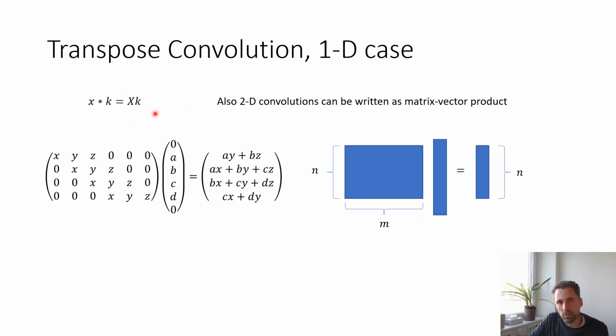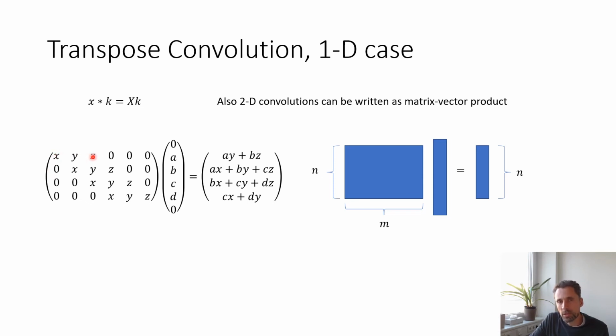You can write your convolution as a matrix vector product, right? So, for example, in our image case, we have a matrix that looks like that. So we have entries that in the first row appear in the next row, but in a shifted version of that. And that kind of matrix is called a Toeplitz matrix.